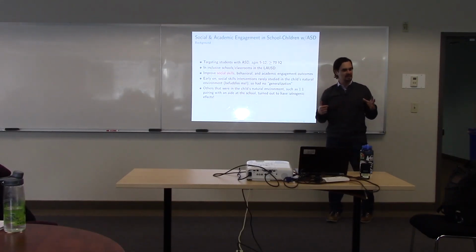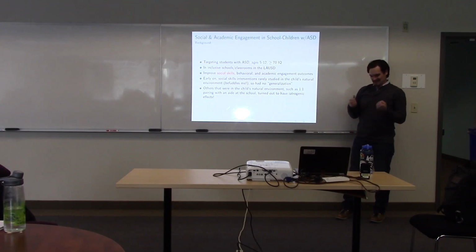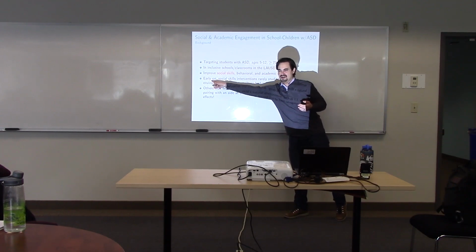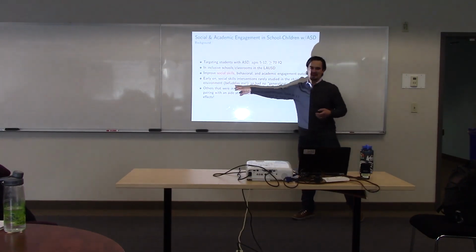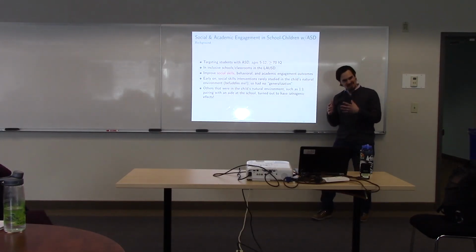And what I discovered, I'm a statistician, so I need to learn these words from my behavioral intervention scientists. What Connie taught me was that early on in the research phase, like think 20 years ago, 30 years ago, social skills interventions were rarely studied in the child's natural environment, which befuddled me when she told me that. I'm like, really? They would do social skills interventions in the clinic? That doesn't make sense.